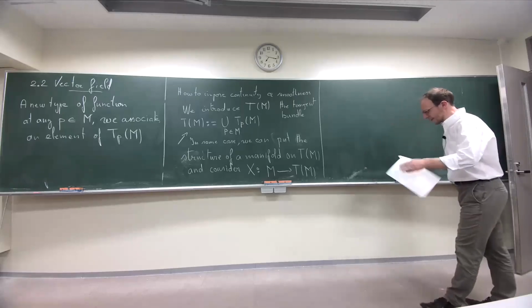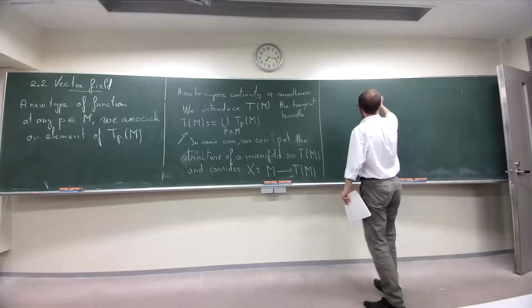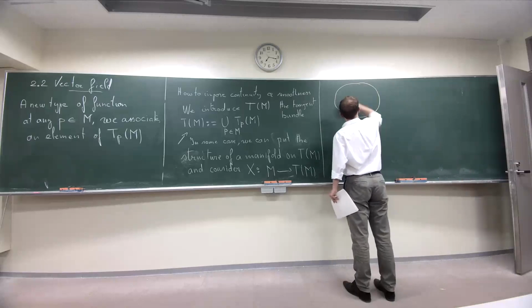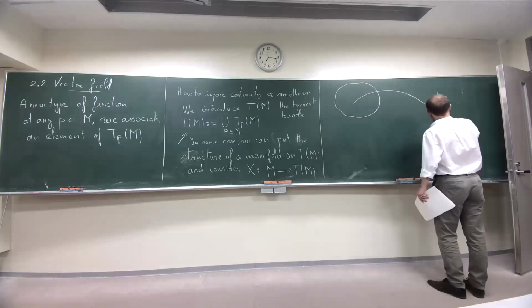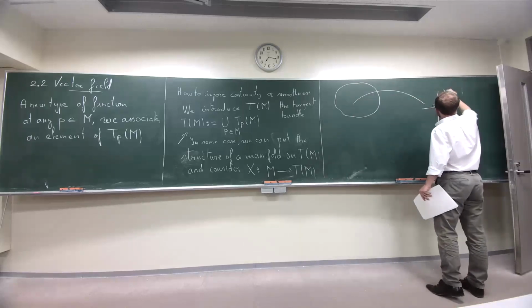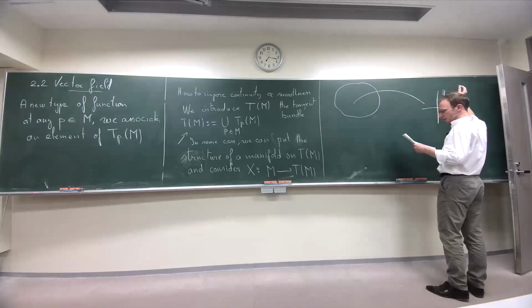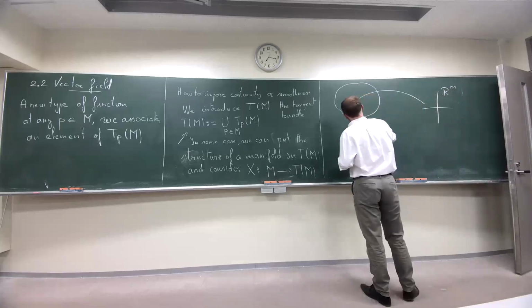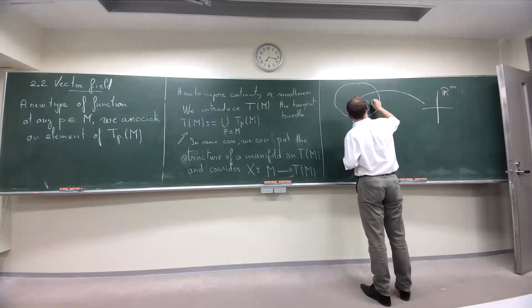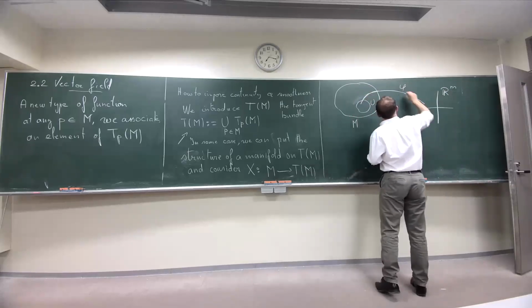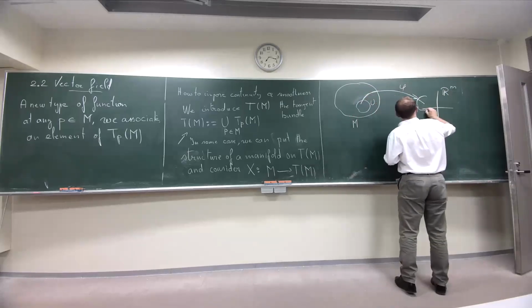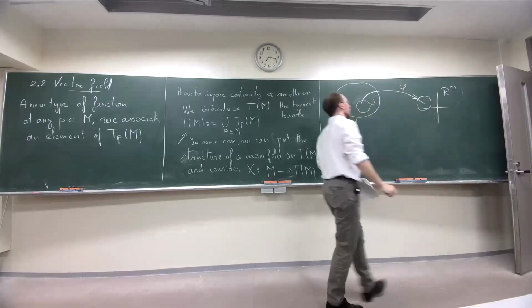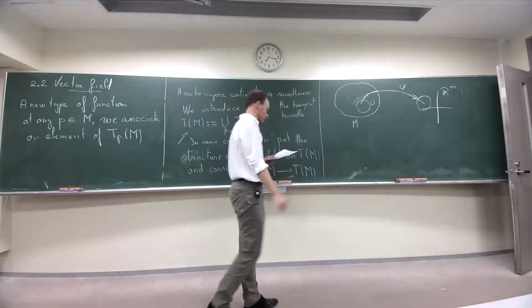So let's take a slightly simpler approach, because if we have our manifold, we also have charts. My manifold is going to be M. So I'm going to have a U and a phi from these two parts of Rn. I'm going to keep this in mind.